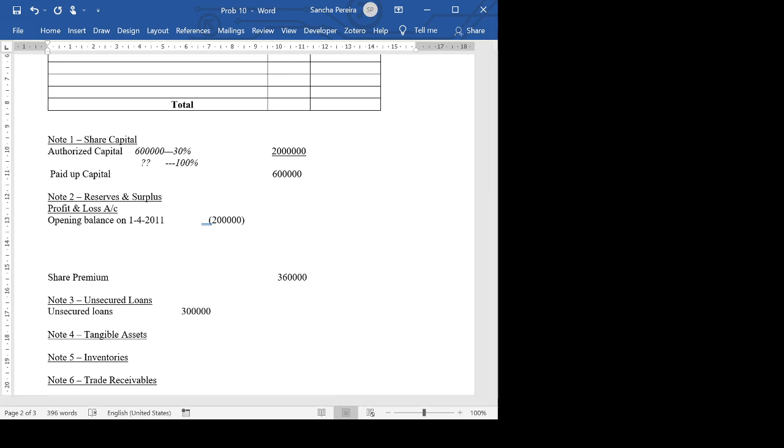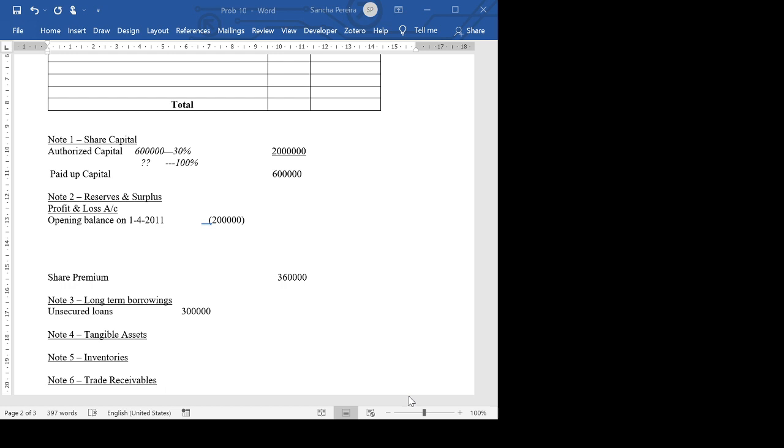Sorry, this is not unsecured loans, it is long-term borrowings, and unsecured loans is the item under this. Then if you check the format, we have other long-term liabilities, we don't have anything, and long-term provisions also we don't have anything.